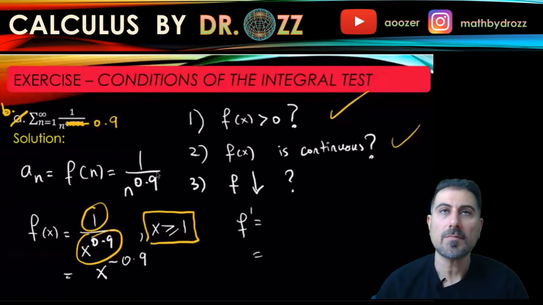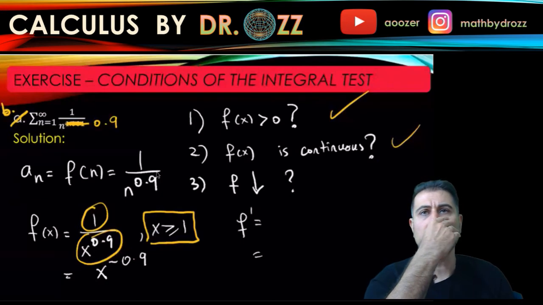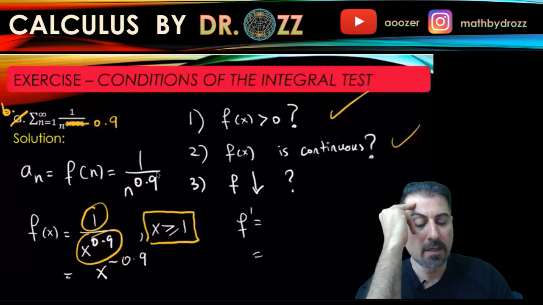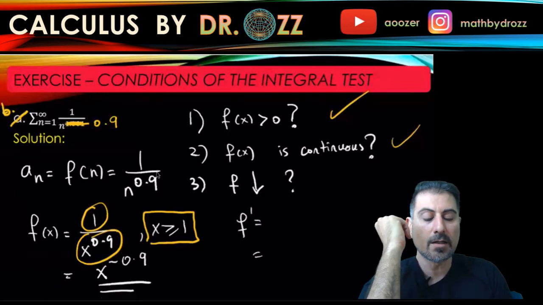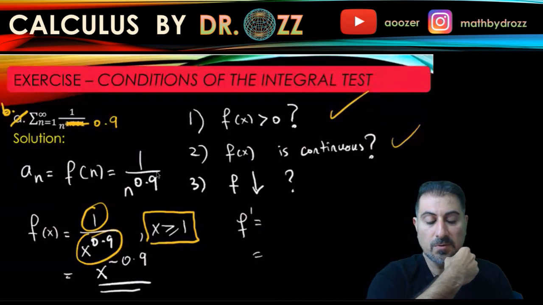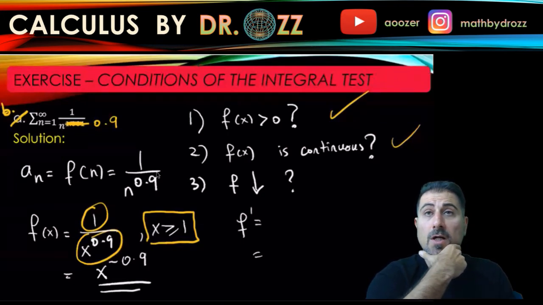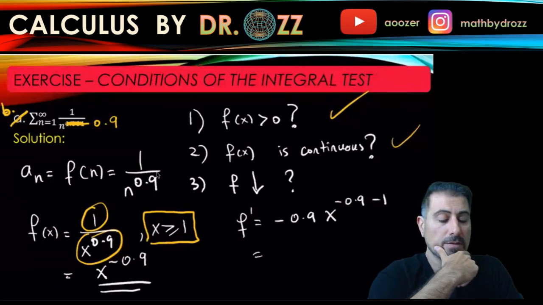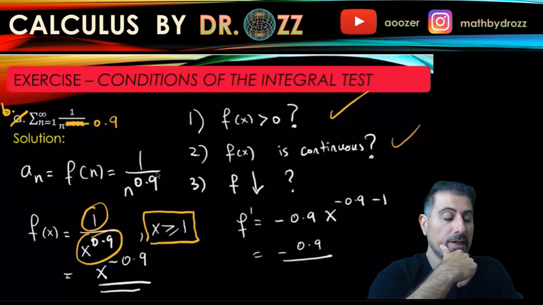Okay. The only different thing in the analysis here is the differentiation here and integration in the next step. So let's just do that. We already put this quotient in the form of reciprocal, but we put it in the exponential form. So the derivative is going to be what? Minus 0.9 x to the power of minus 0.9 minus 1. So that's minus 0.9 x to the power of negative 1.9.